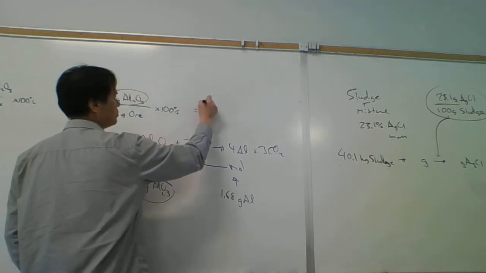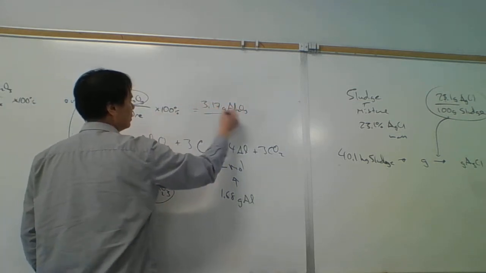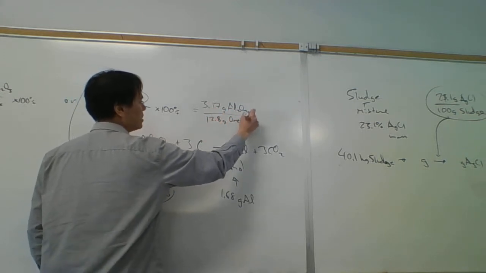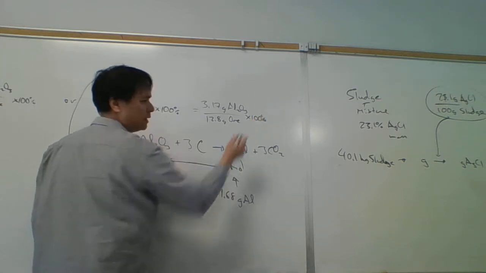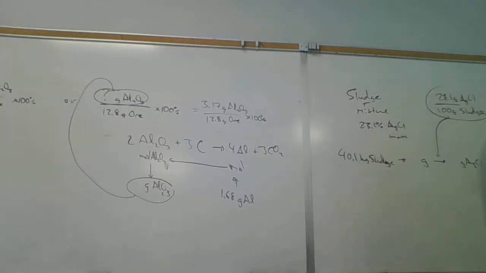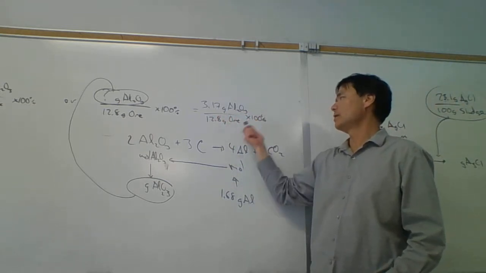And so this is equal to 3.17 grams of aluminum oxide per 12.8 grams of ore, times 100%, which gives me 24.8% aluminum oxide. So 24.8 grams of aluminum oxide per 100 grams of ore, or 3.17 grams of aluminum oxide per 12.8 grams of ore.